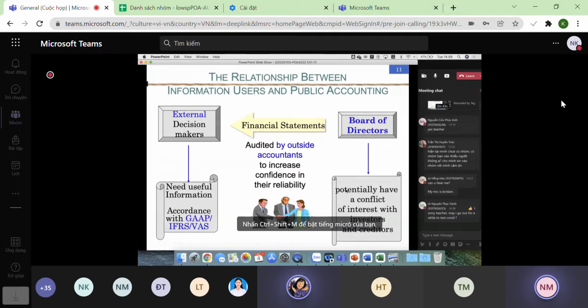Just focus on rules, principles, assumptions, and some standards. And from here, when we mention accounting, we mean financial accounting, not management accounting, not auditing. Okay? Only financial accounting.